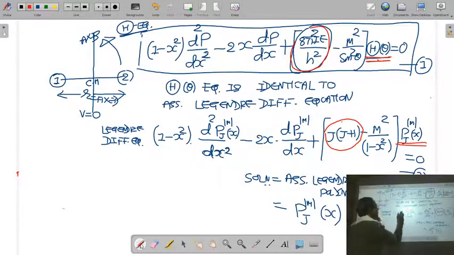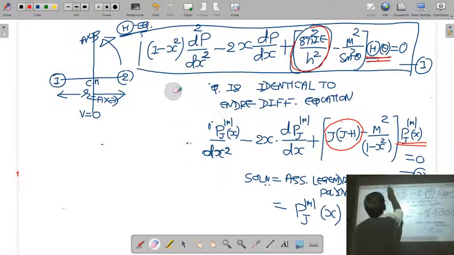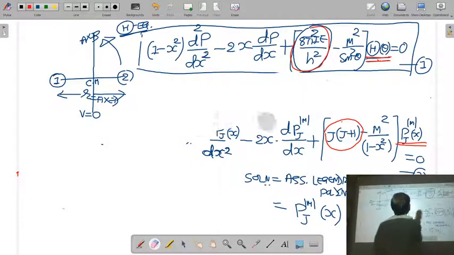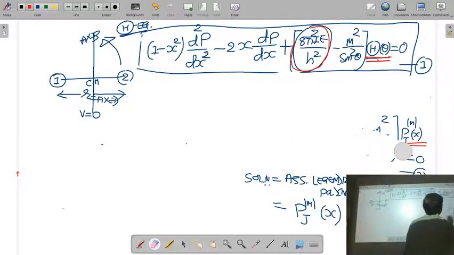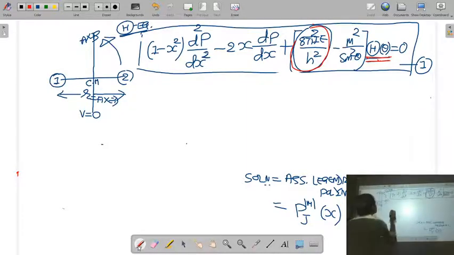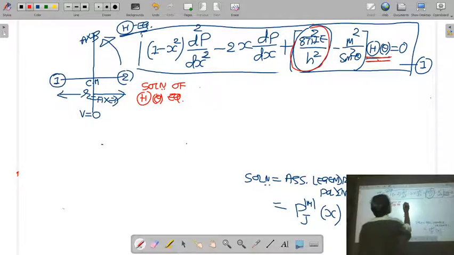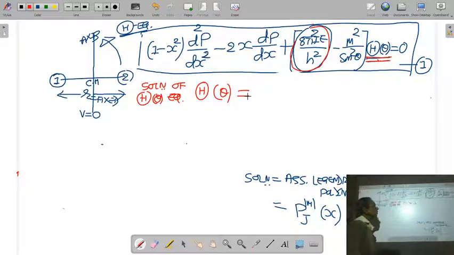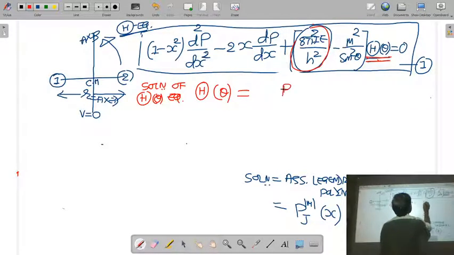So I write the solution of the theta equation now. The solution of the theta equation is the associated Legendre polynomial.